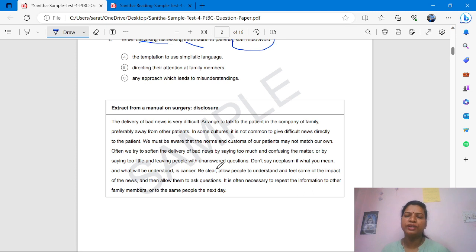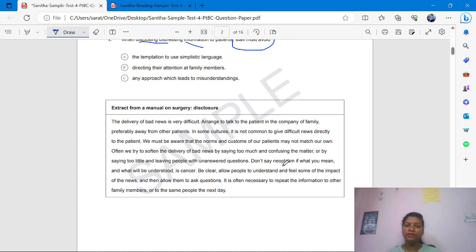It is very difficult to understand the exact meaning then, very difficult to comprehend. So don't give too much or too little information, and if you are not giving proper information to the patient, it is very difficult to understand.